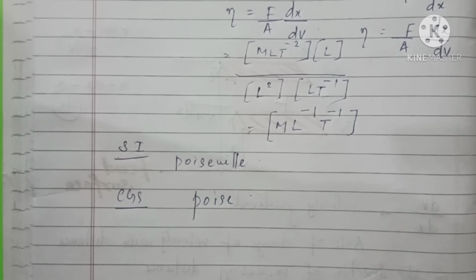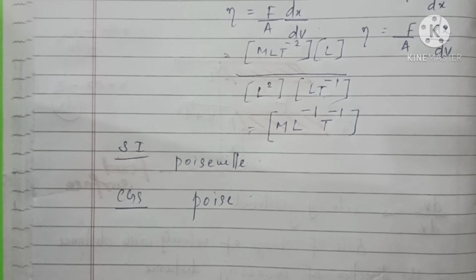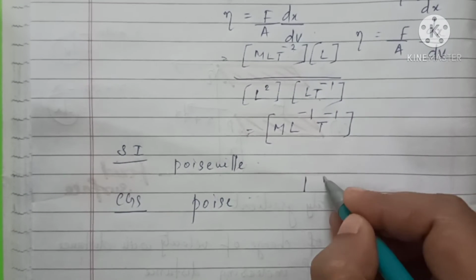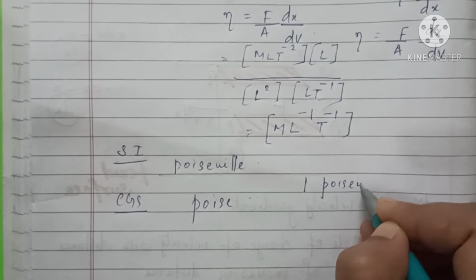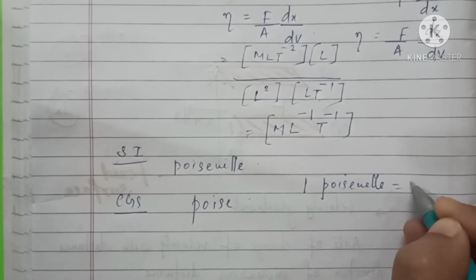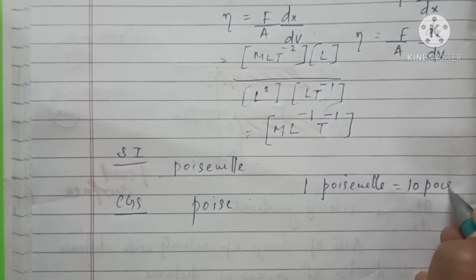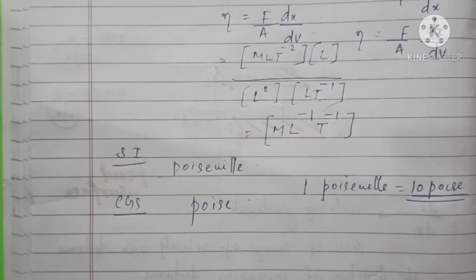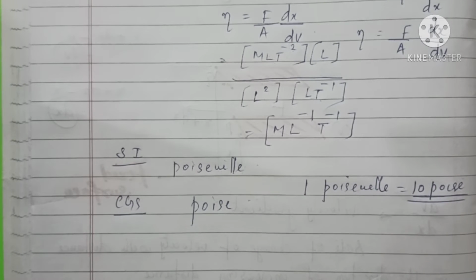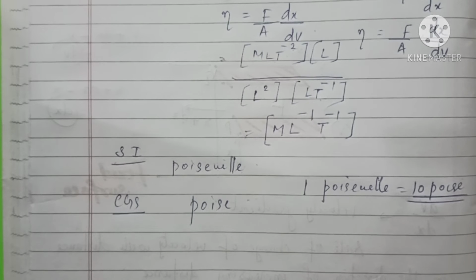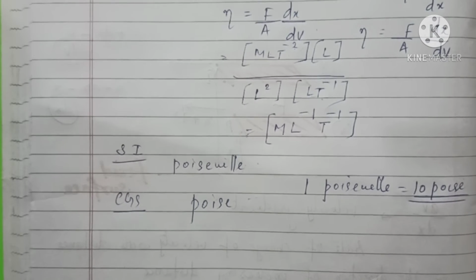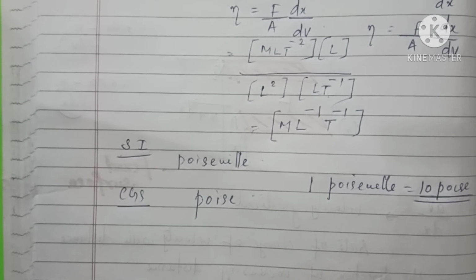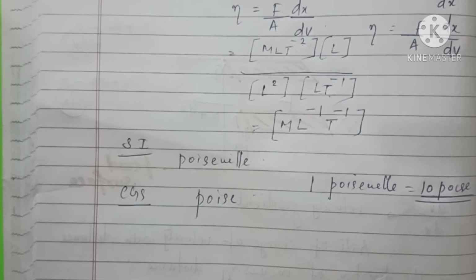Clear? There is a connection between poise and Poiseuille: 1 Poiseuille is equal to 10 poise. So that's all about the coefficient of viscosity.